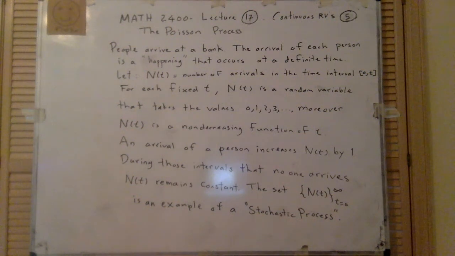Okay, in Math 2400, Lecture 17, Continuous Random Variables 5, the Poisson Process. So this is the story. People arrive at the bank. The arrival of each person is a happening that occurs at a definite time. Now let N(t) be the number of arrivals in the time interval (0, t].